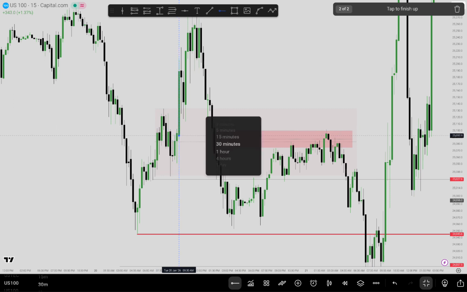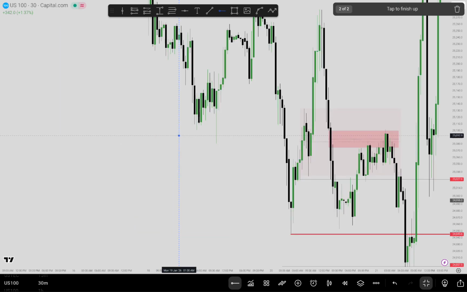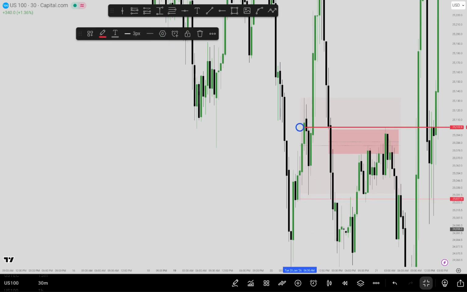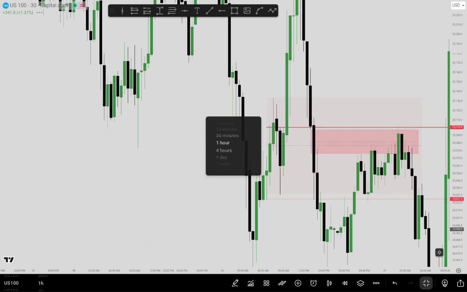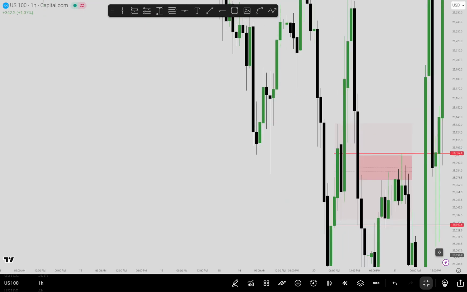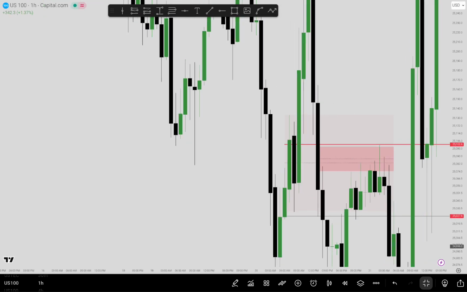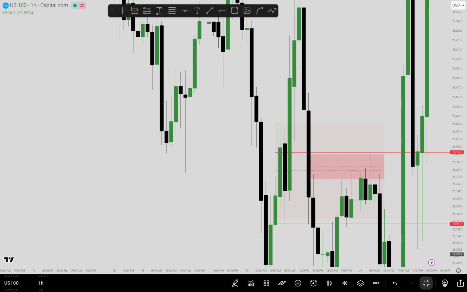If you go over to a 30 minute time frame, you see that inversion fair value gap resting right here. But price left that inversion fair value gap behind. Why? Let's go back to the 1 hour time frame and you see the reason why. On the 1 hour time frame, we had this inversion fair value gap right here.